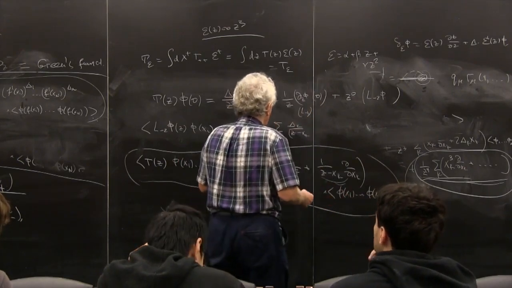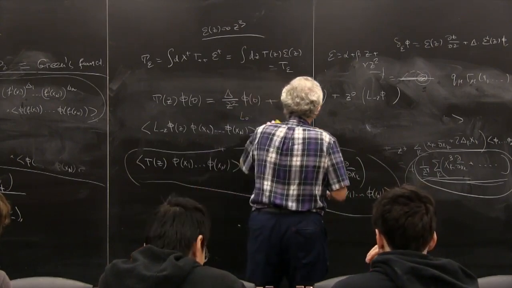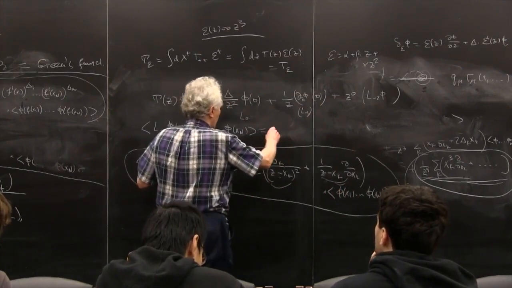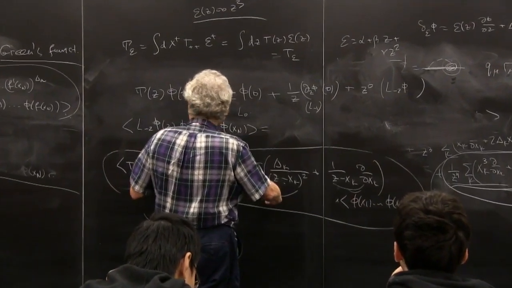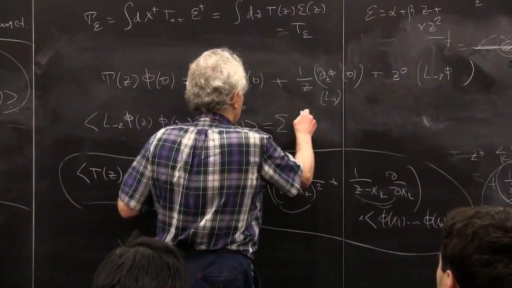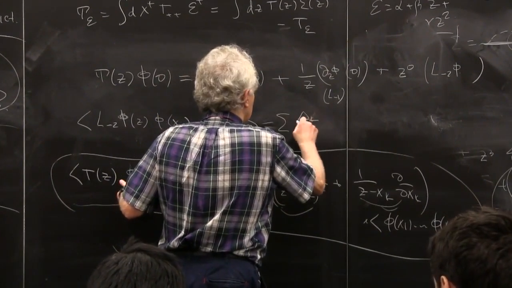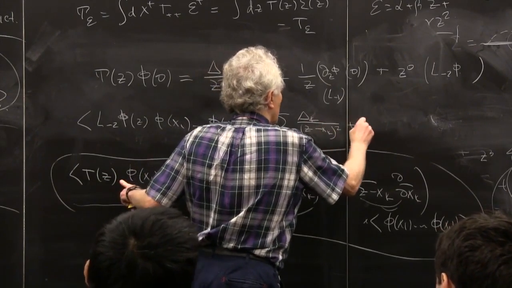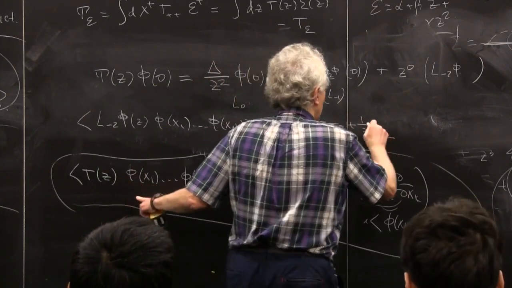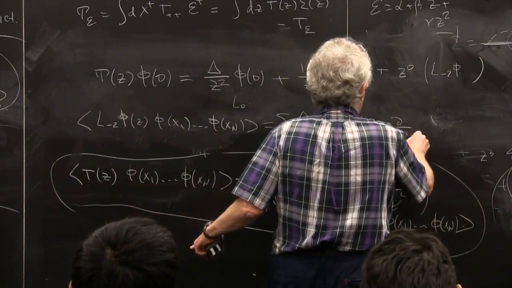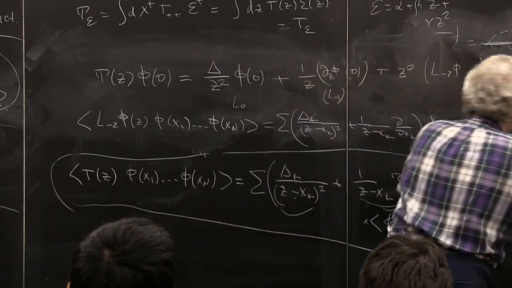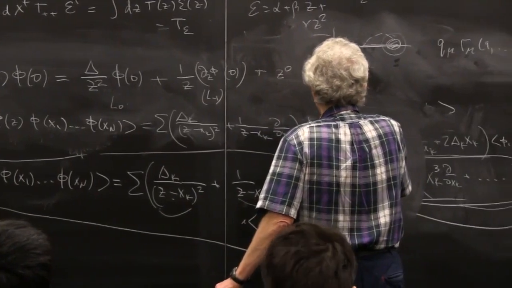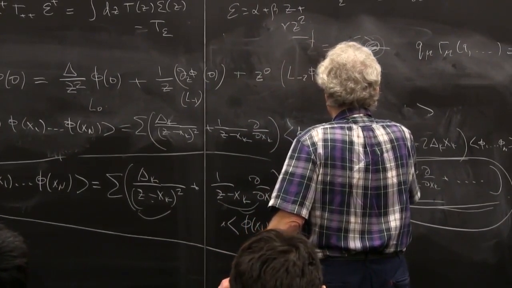It will come from the sum over k of delta(z minus x_k) over z minus x_k squared plus 1 over z minus x_k times d/dx_k. And this should be applied to phi of z, phi of x1, phi of xn.